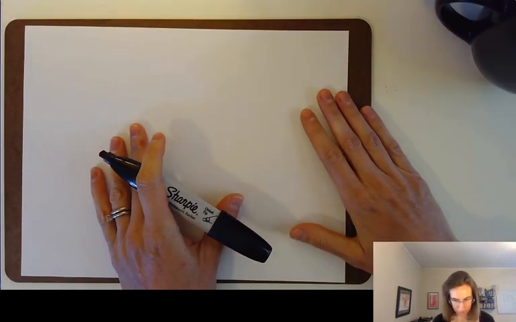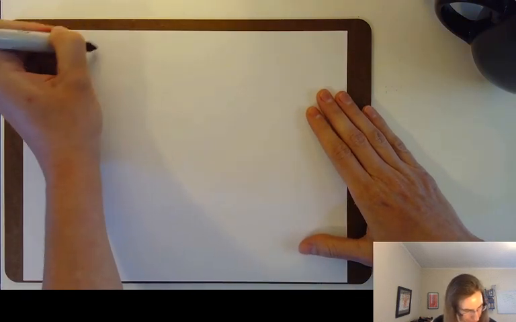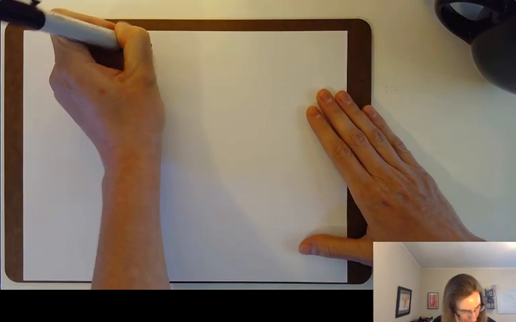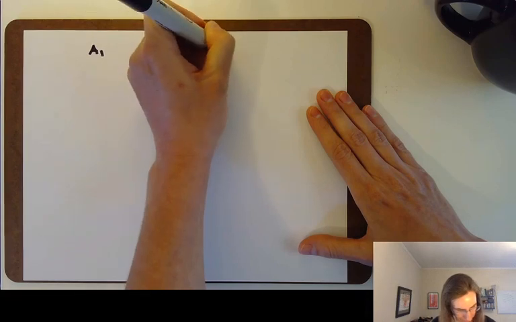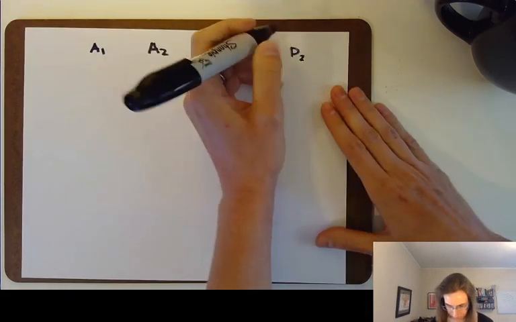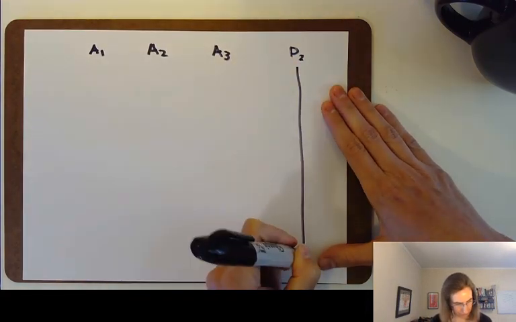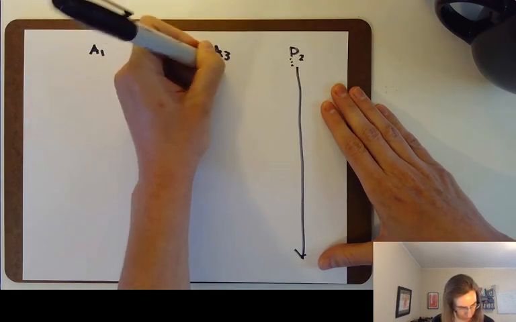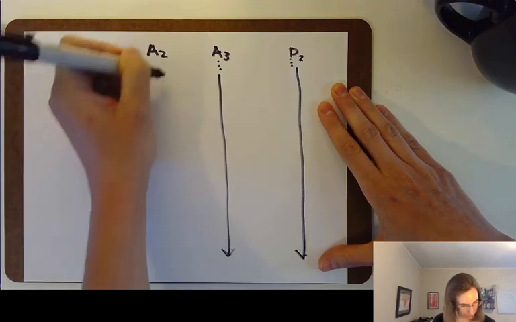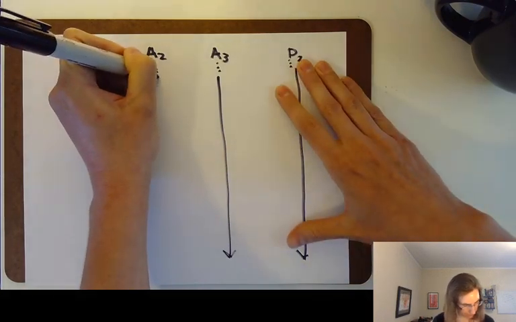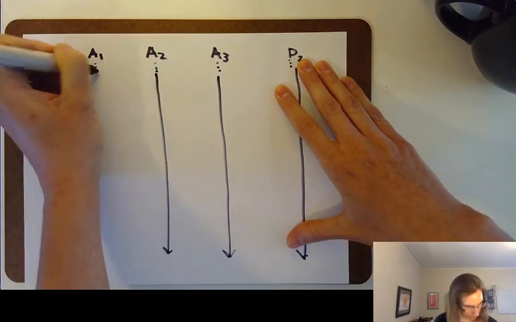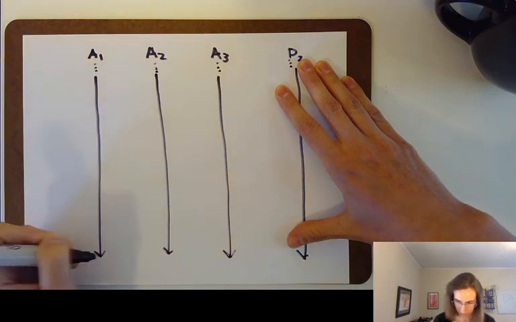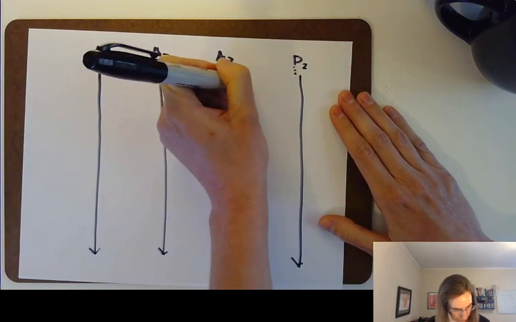So we have A1, A2, A3, and P2. There was some previous stuff that went on these processes, which we won't draw. So P2 sent its prepare 6.